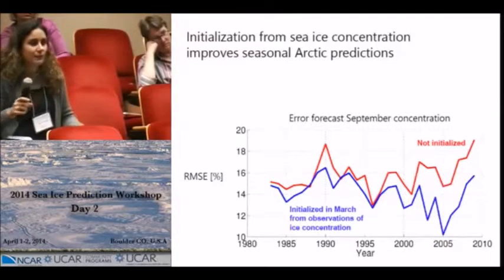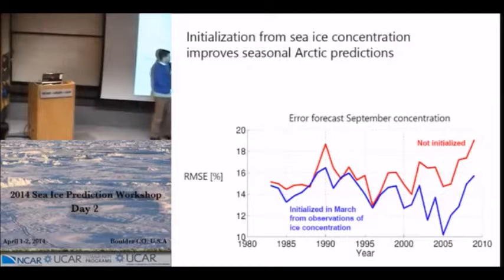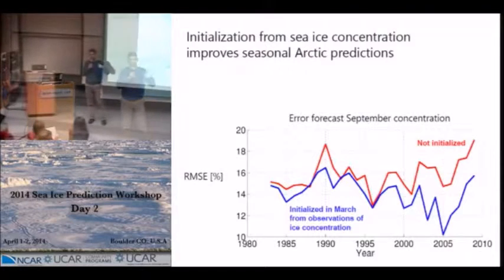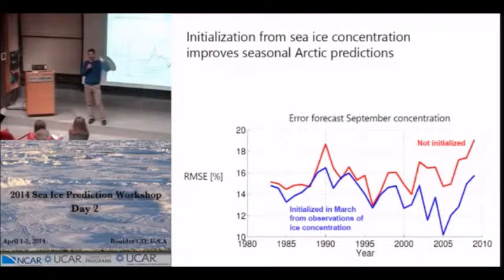So this non-initialized run, I think you're right, is not really not initialized because it's forced by atmosphere, and the atmosphere itself is a reanalysis product, meaning that it's been run with prescribed ice concentration during the reanalysis stage.